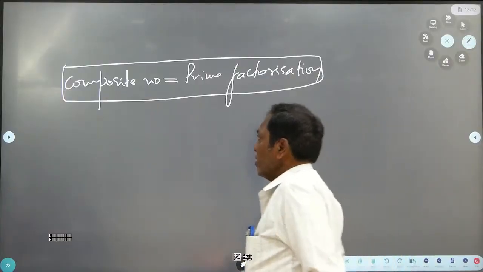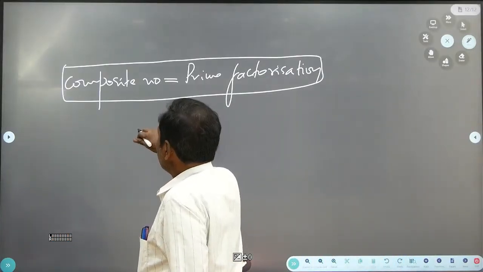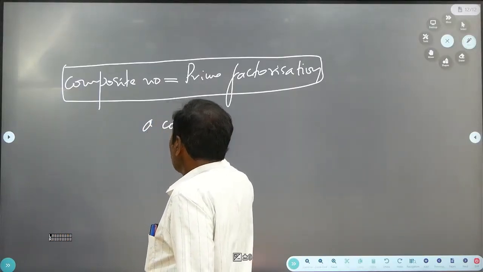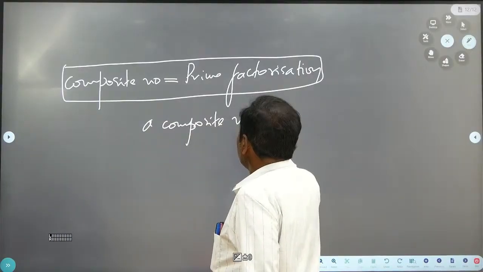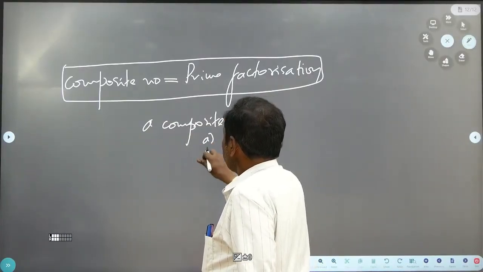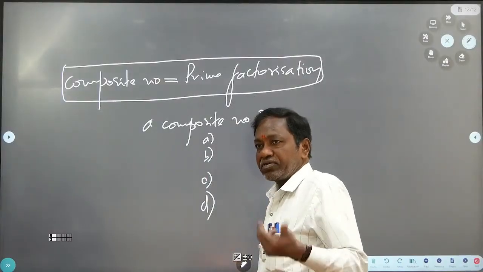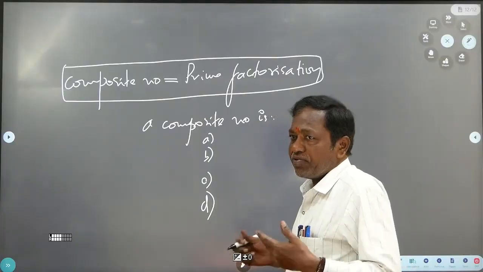Sometimes in the exam, a question like this: a composite number is option A, option B, option C, option D. Anything is possible, because these are properties of numbers.